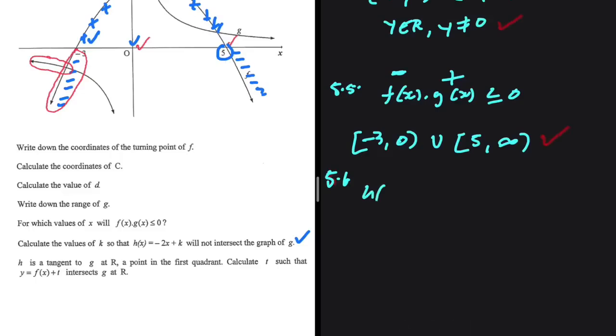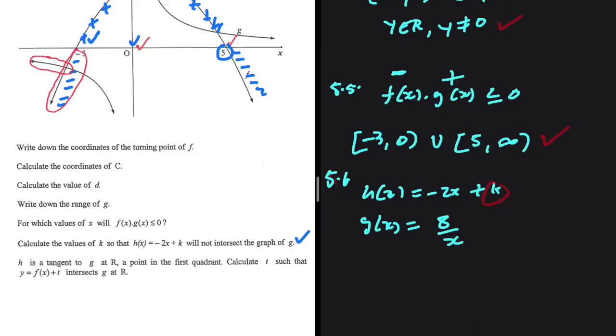Right, we have h of x being equal to minus 2x plus k, and g of x being equal to 8 divided by x. So we're looking for the values of k for which h of x will not be equal to g of x. Well, let's say you've never seen a problem like this before. What are you most likely to do?